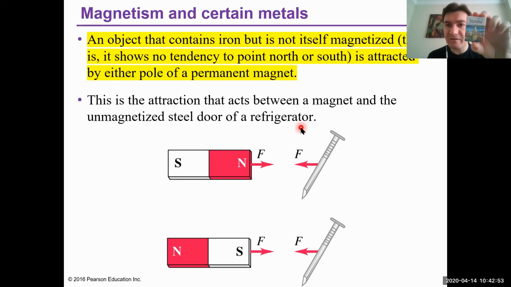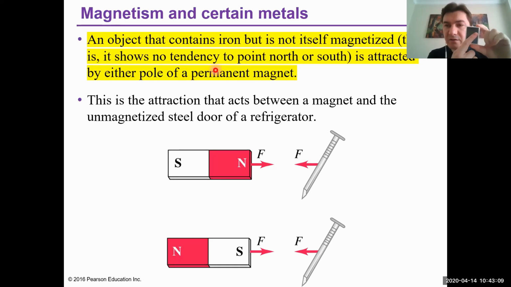For example, this is a picture of Istanbul, okay? And on the back side, there is a permanent magnet, okay? So if you put it on the door of the refrigerator, it will be attracted, okay?